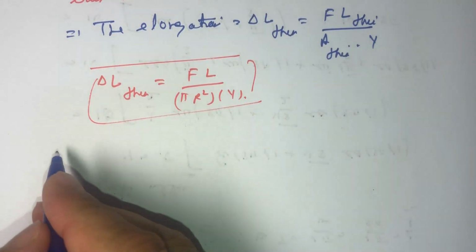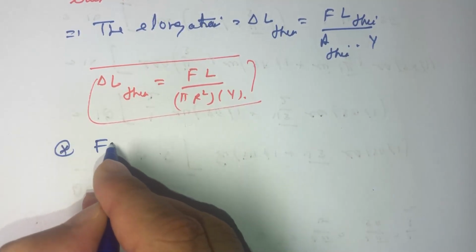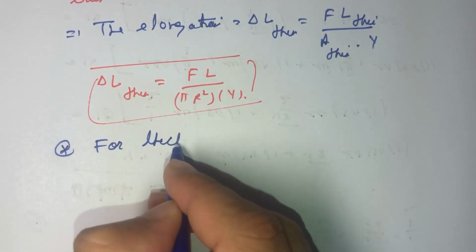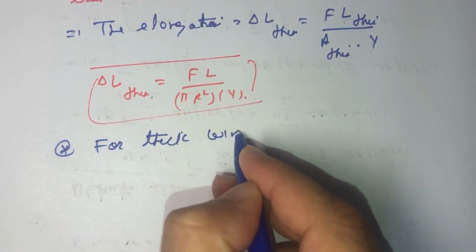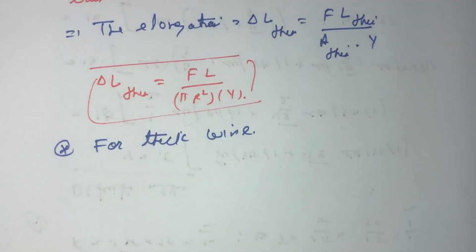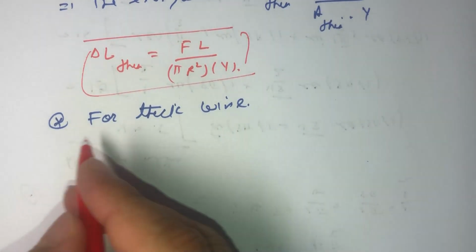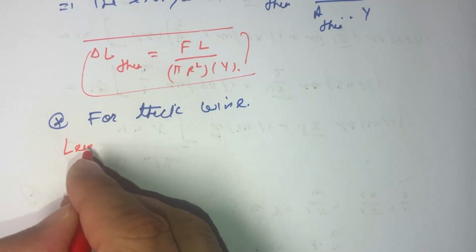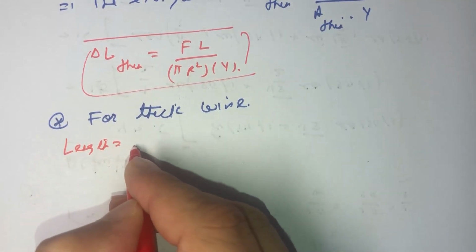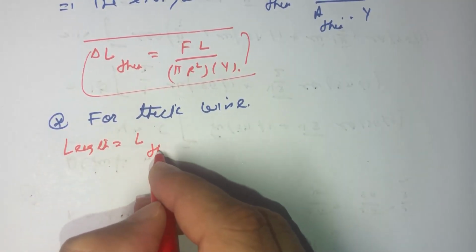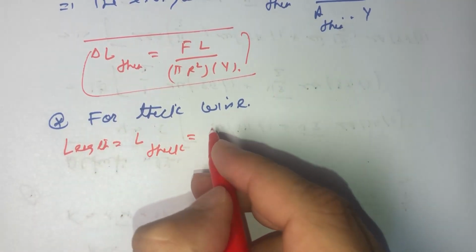Similarly for thick wire, length, let us take as L thick, is equal to 2L.